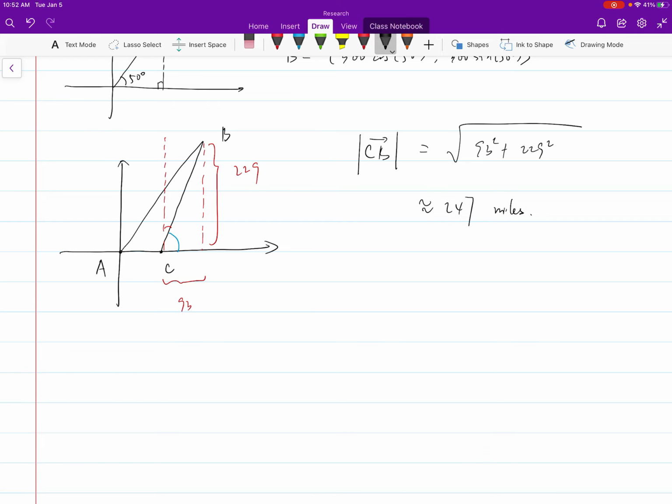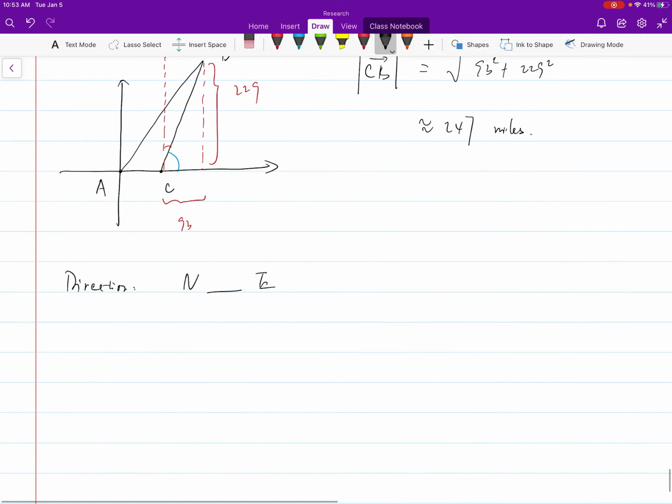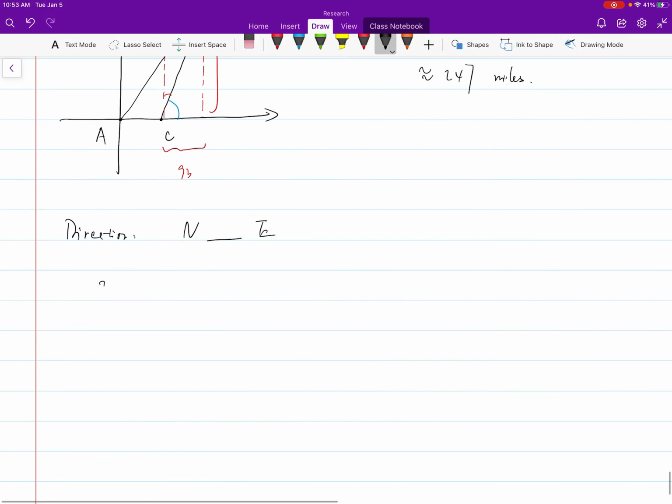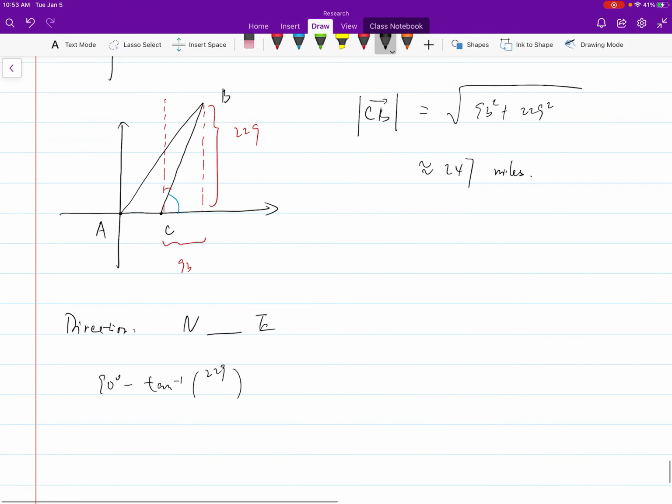But of course, like we said before, we can find this angle using tangent inverse and use 90 minus that. So direction. North, east. The angle in the middle is going to be 90 degree minus tangent inverse 229 over 93.